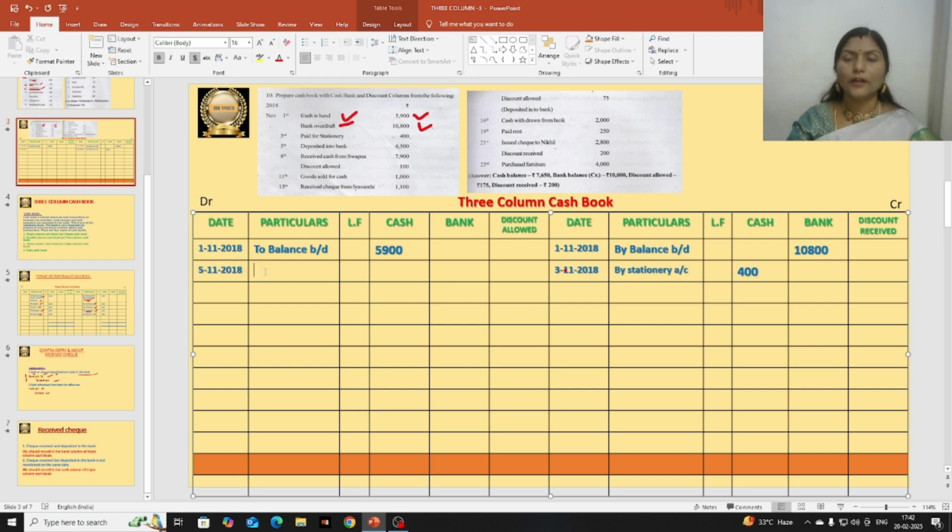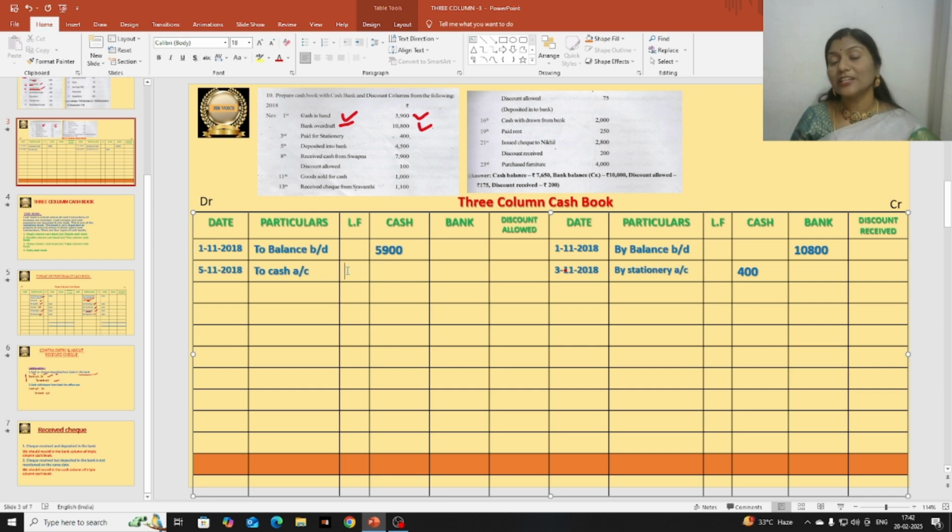Particulars column: what I said, this is deposited into bank, cash or anything deposited into bank. This is the first contra entry transaction, what I mentioned just now. So we are going to follow bank account debit to cash account, that journal entry. So bank account debit to cash we will write on the debit side. Let us start writing to cash account, and LF column CB.